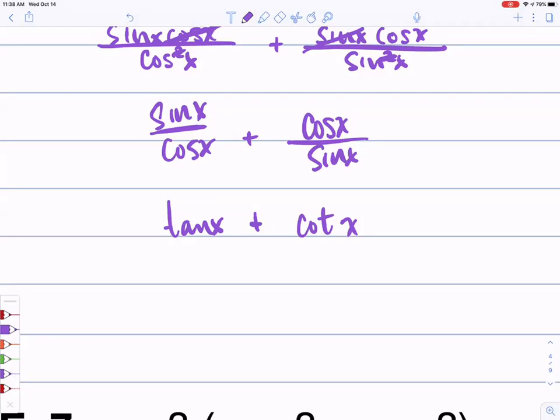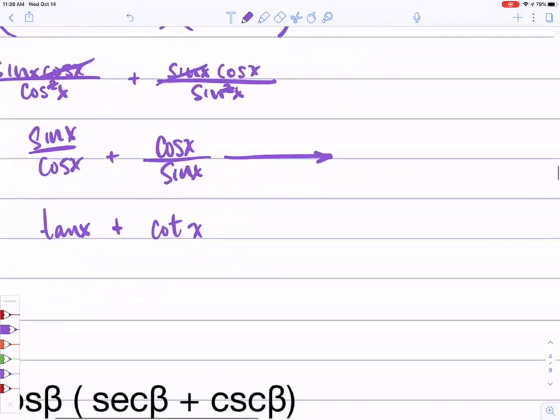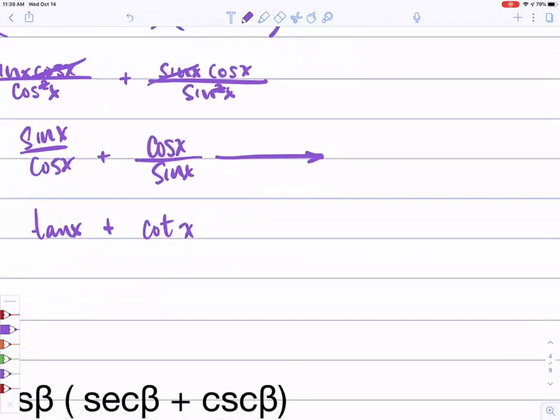But I'd like to show you what I meant by two people can take two different routes and they're the same thing. Okay, so let me show you one more route. Can you come to where we ended with this second line? Feel free to write this down or not, you can just watch if you want. What if here, instead of changing into tangents and cotangents, I had gotten a common denominator again?